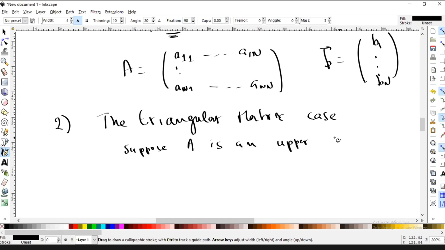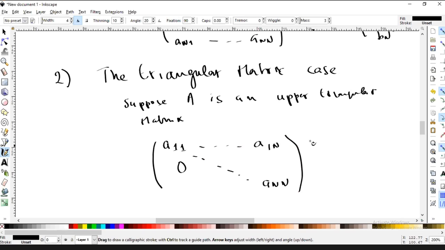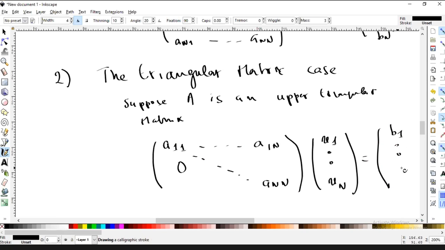For a lower triangular matrix, it works the same. So in this case, A has a11 till a1n on the first row, down to ann, and everywhere lower than the diagonal I have zeros, multiplied by x1 till xn, equal to b1 till bn.